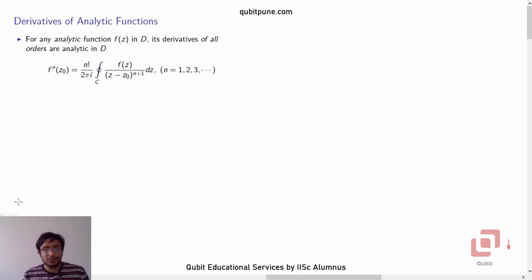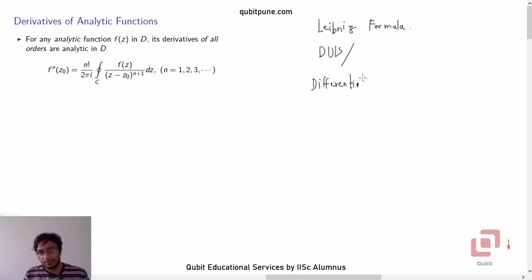You can actually prove this by the Leibniz formula, or Leibniz rule, which is also known as DUIS, or differentiation under the integral sign, where the ordinary derivative becomes partial derivative.